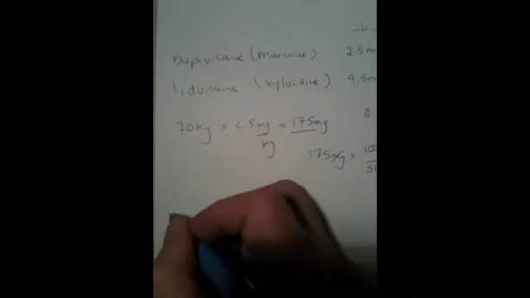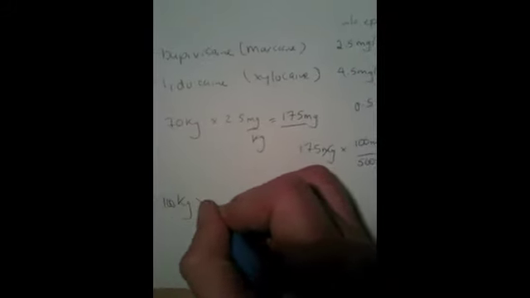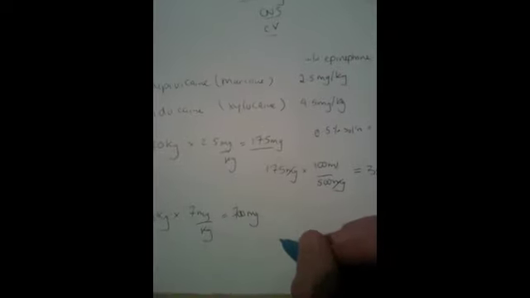Okay? Another example, let's say we have a 100 kilogram patient, and we want to give them lidocaine with epinephrine. So we can give them a dose of 7 milligrams per kilogram. That's equal to a total of 700 milligrams that they can receive.